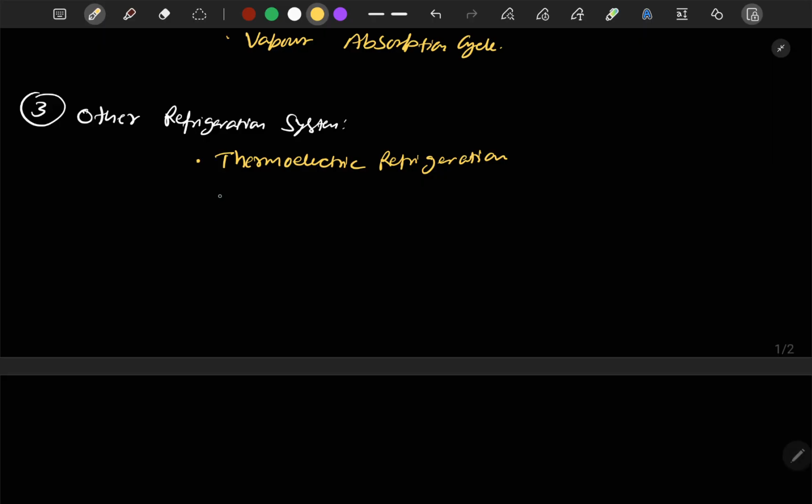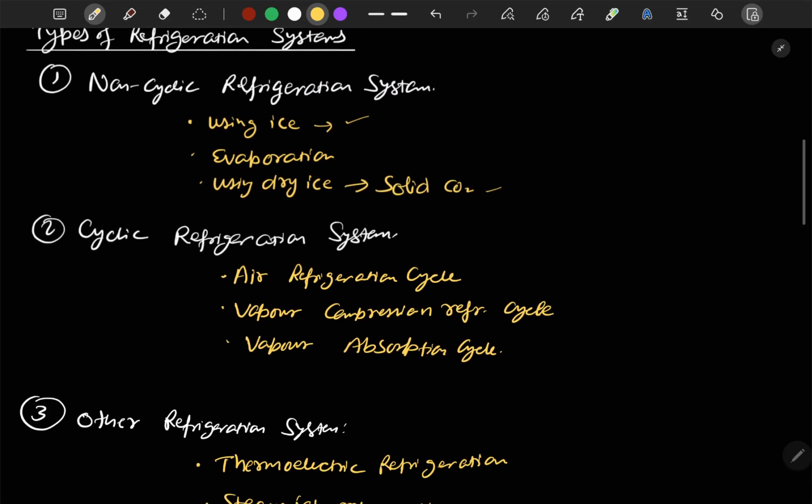We can talk about steam jet refrigeration. Next, we can talk about the vortex tube and all others. So basically, the refrigeration system is divided as follows. The first is the non-cyclic refrigeration system, using ice evaporation and dry ice.